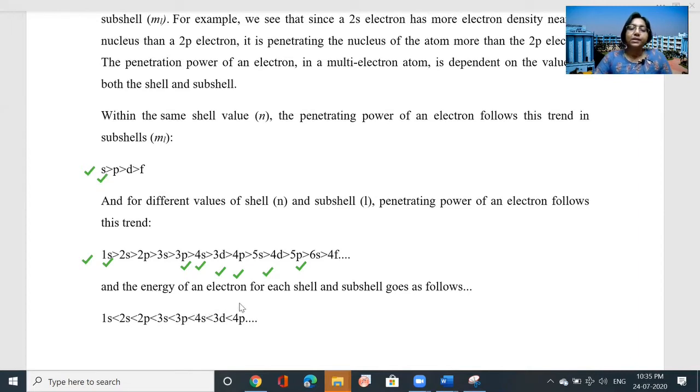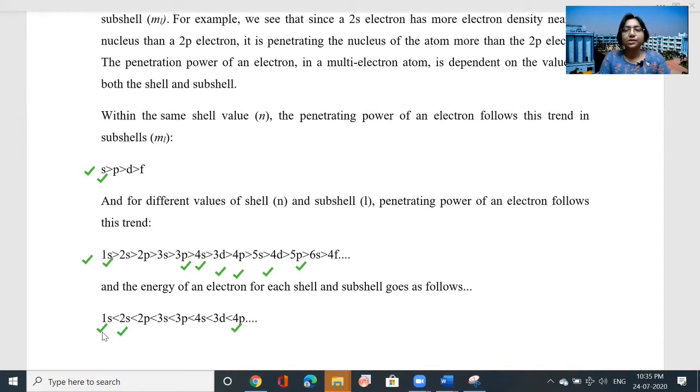And the energy of an electron for each shell and subshell goes as follows, which is just the reverse. The energy level is highest for 4p and lowest for 1s. As we move to higher shells, the energy increases.